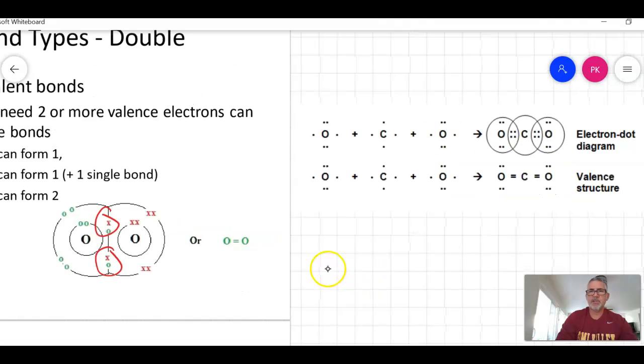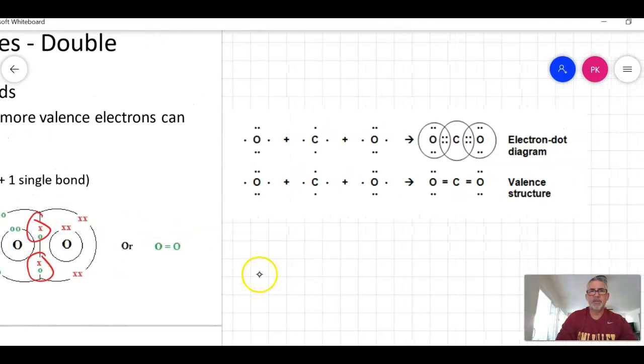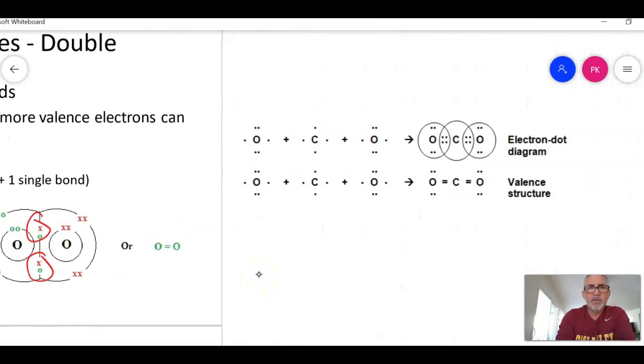And the way that looks is, I'll give you an example with this over here. So this oxygen wants 2 more, and this carbon wants 4 more, right? So this oxygen and carbon will share this one, right? And this will share this one here. Now when it shares that, this oxygen over here on the left has 2, 4, 6, 7.